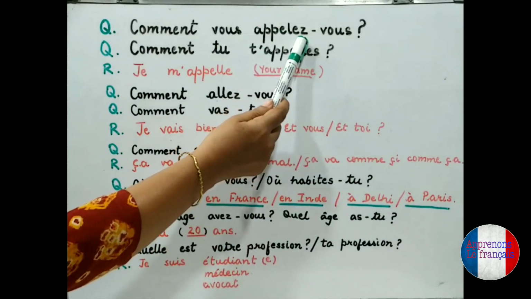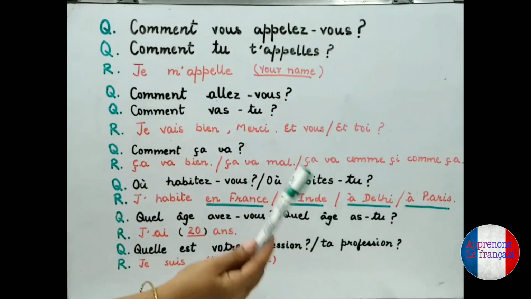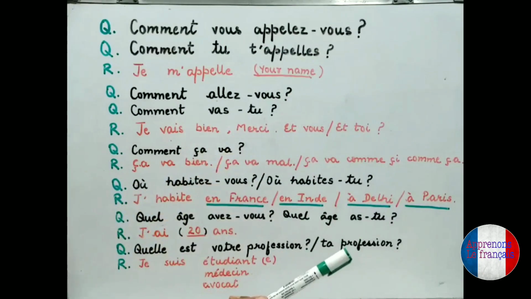You might be wondering why with this vous the spelling of appeler is different, with tu the spelling is different. So for this you need to follow the conjugations. I have done one lesson of conjugations of ER verbs or conjugations of regular verbs. So you can see the conjugations there.